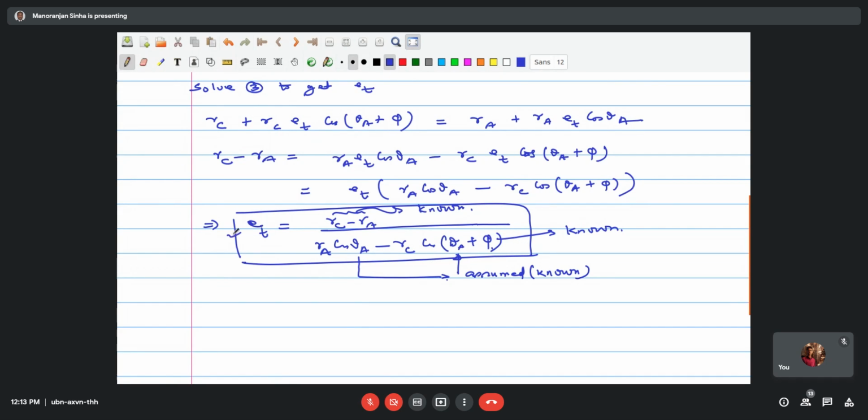And therefore ET can be computed. So once this job is done, then the rest of the process involves whatever we have done in the last class. So the steps involved we can summarize on the next presentation.